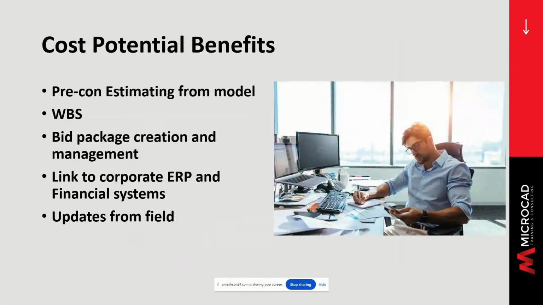All right, what about cost? Cost is always an important concern. At the pre-con stage, you can take advantage of tools that pull estimating information directly from the BIM model. You can condition that data to reflect the real-world situation, add objects not in the model, assign the tasks to match your work breakdown structure, and solicit bids for the work.